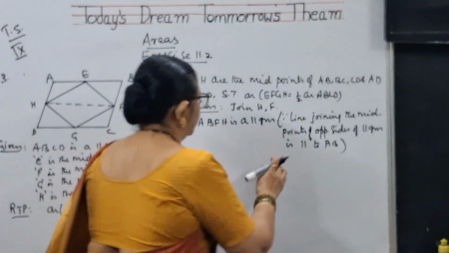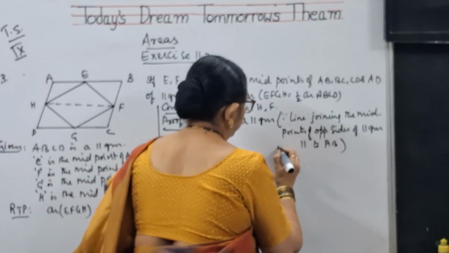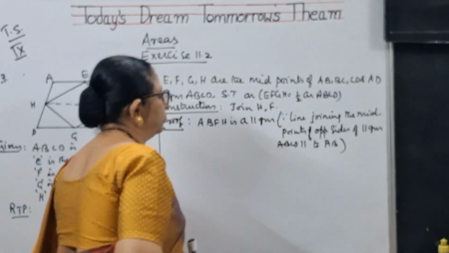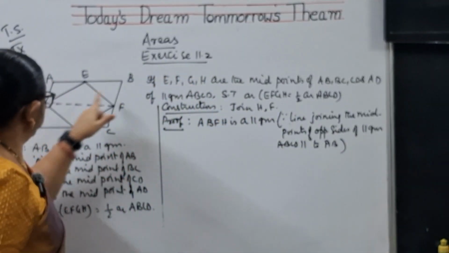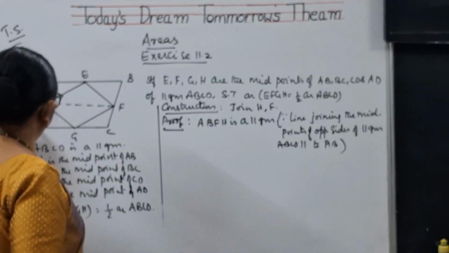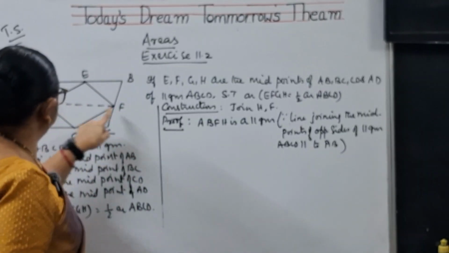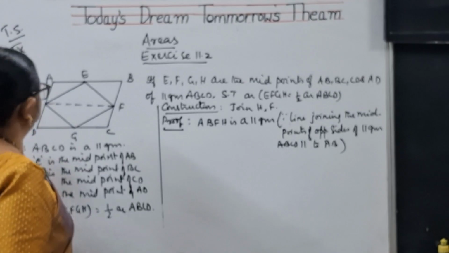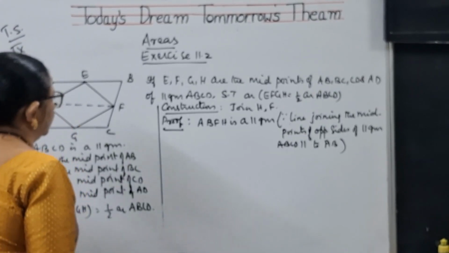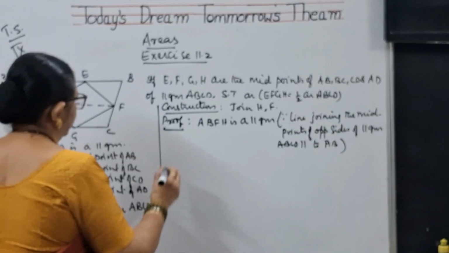You can even write parallelogram ABCD. So FH is parallel to AB because these two are midpoints and this is the line joining the midpoints of the opposite sides of parallelogram ABCD. They are parallel to AB actually. So ABFH is a parallelogram.